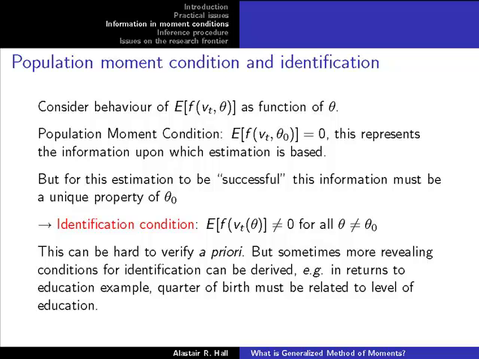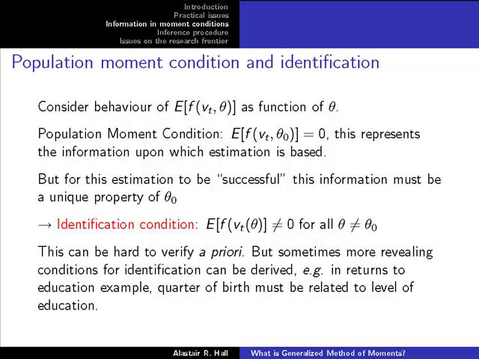An example is linear models, such as in the returns to education example, where, for instance, we would need the variable quarter of birth to be correlated with the number of years of education, which Angrist and Krueger argued that it is. But in more general circumstances, rather than something you can verify, it's more of a prayer, and you hope that it does hold.